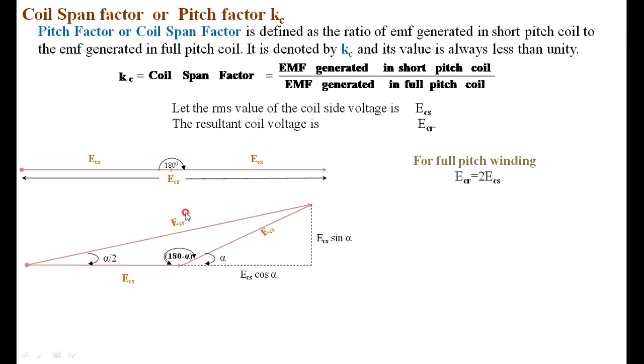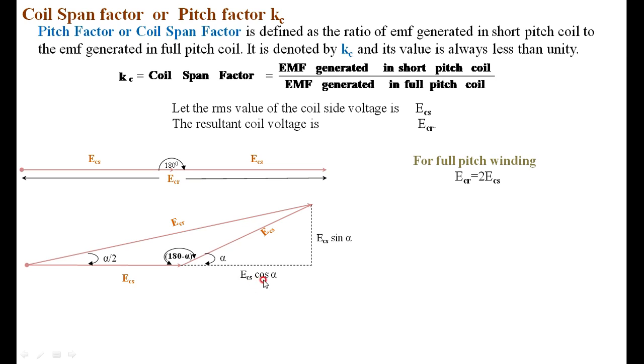Then for finding ECR, I am completing the right angle triangle. Here I have ECS cos alpha. I am resolving this into its x component and y component. Considering this triangle, I am resolving ECS along the x and y axes.